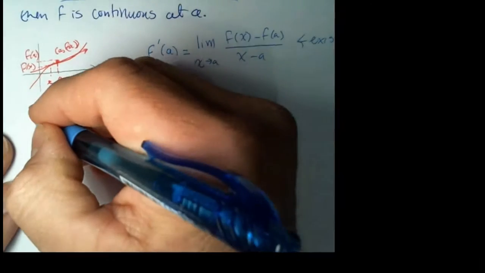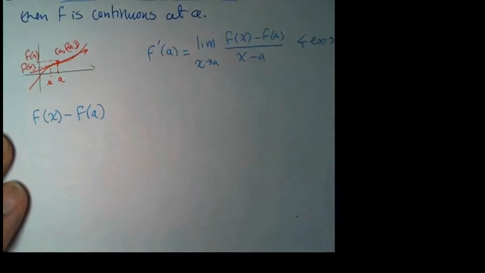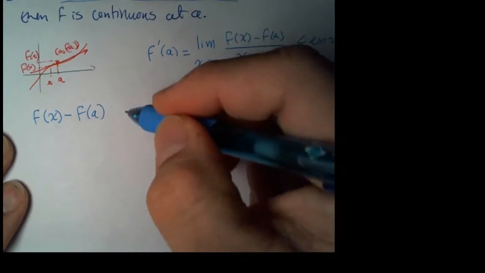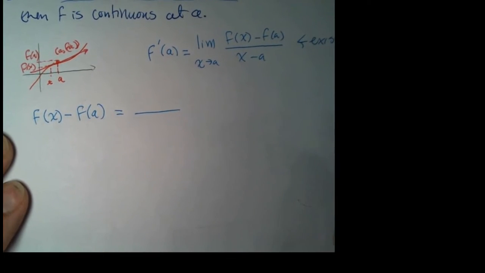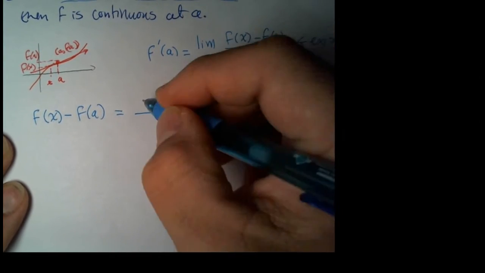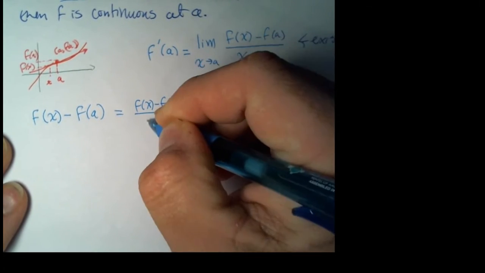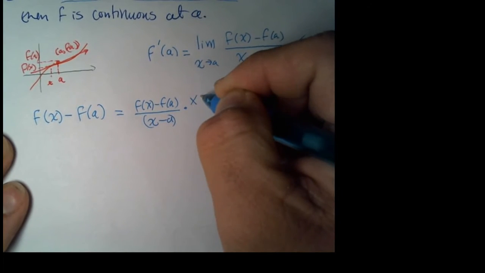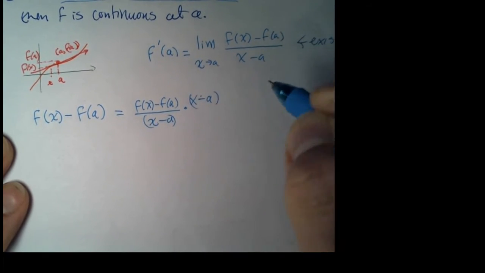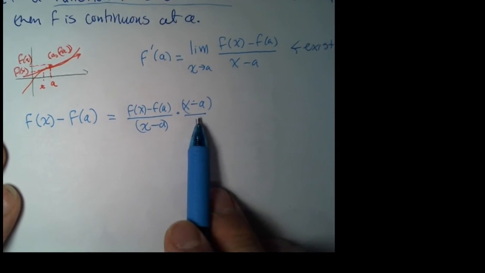To show that this is in fact true, we'll start with the difference f of x minus f of a. I'm going to do a little trick that mathematicians always like to do, and that is multiplying by 1, where in this case, 1 is the quantity x minus a over x minus a. Notice that these are equivalent. This is multiplication by 1.